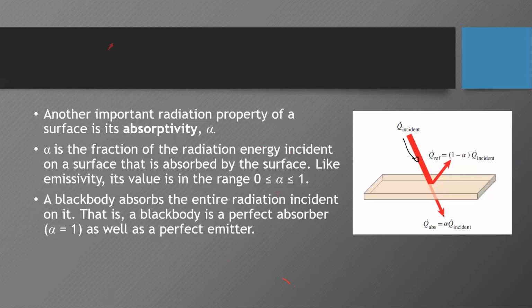For the absorbed part, you multiply the incident by the alpha value of the surface. Then whatever remains, that means 1 minus alpha times Q dot incident, will be reflected.